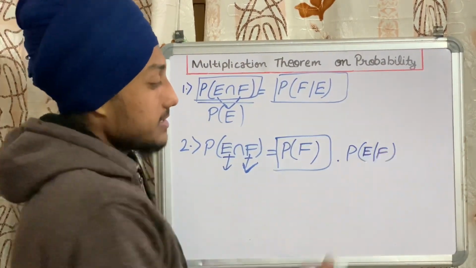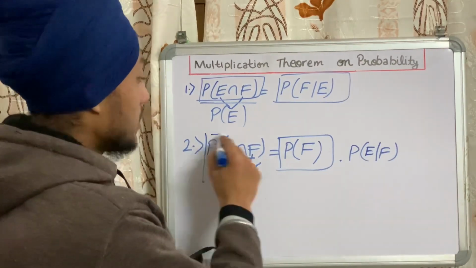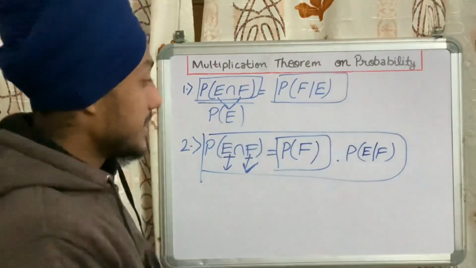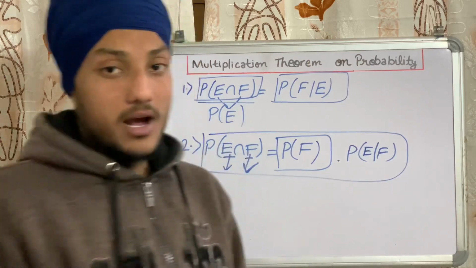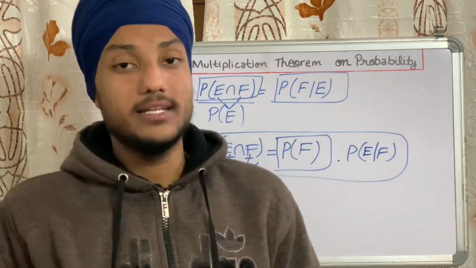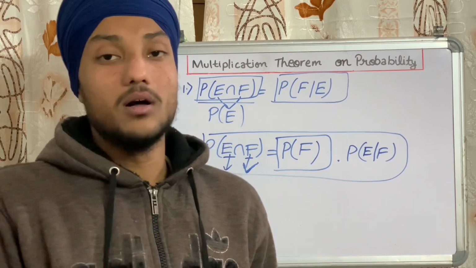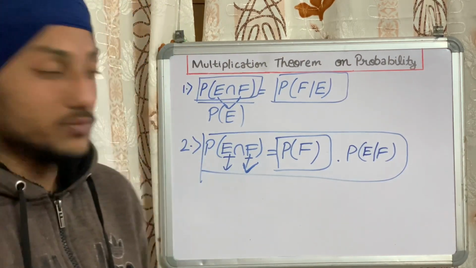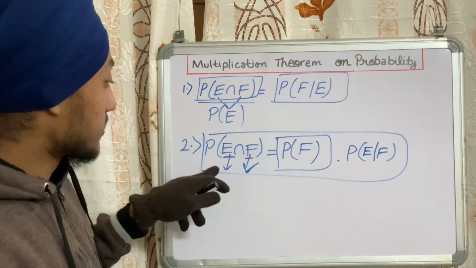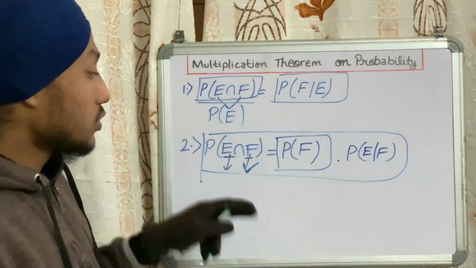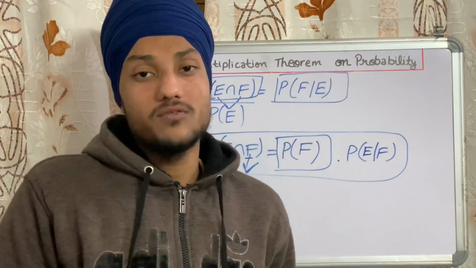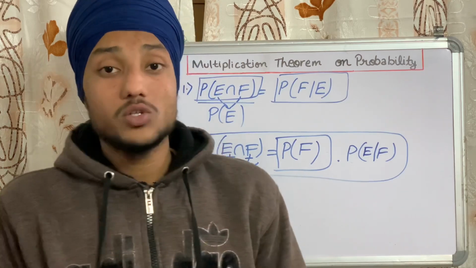Because this is another formula, the multiplication theorem, which is derived from the conditional probability, where we look at the number of favorable outcomes upon total outcomes. In this multiplication theorem, if we change the formula, what is the formula when both events should happen?